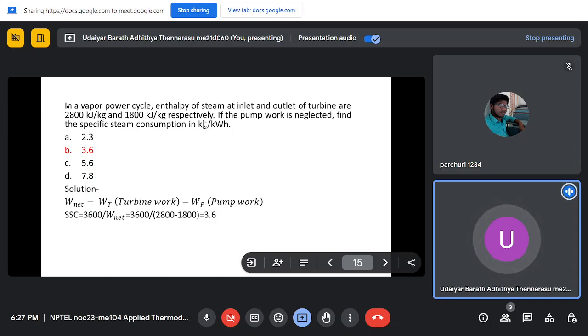This is in seconds, and for converting it to hours, you multiply by 3600. So 3600 by W net, 3600 by (2800 minus 1800), 3600 by 1000, you will get 3.6. So the specific steam consumption is 3.6. Okay, I hope this is clear.